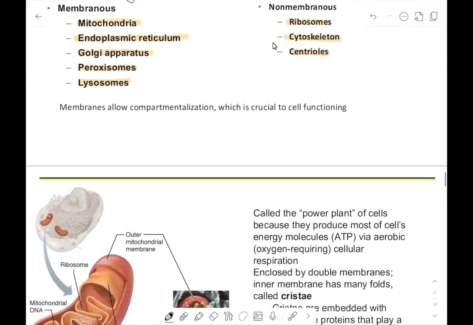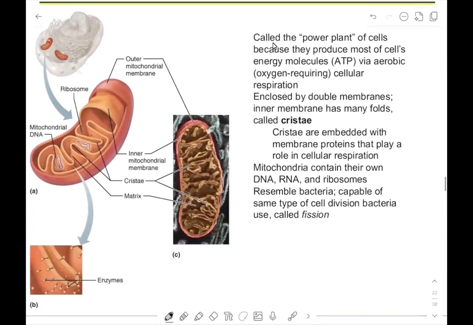Our first slide is going to be on the mitochondria. Mitochondria are referred to as the power plants of the cell because they produce the most important cellular energy molecule, called ATP. They do this with the help of oxygen, so we say it's aerobic cellular respiration.